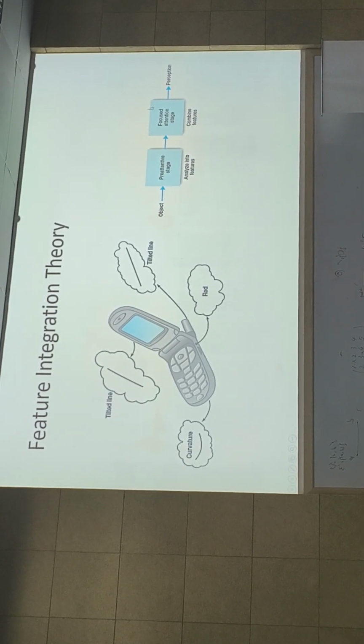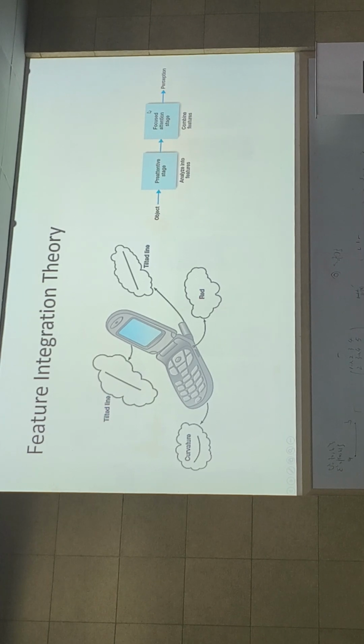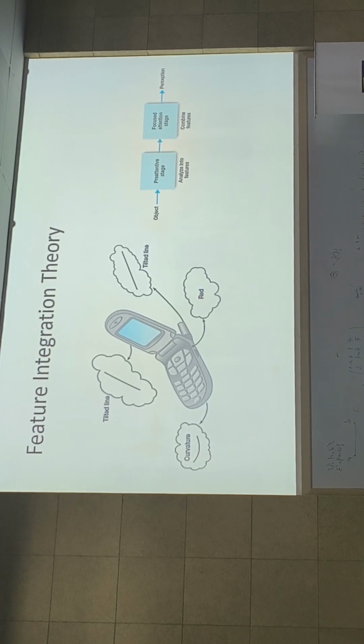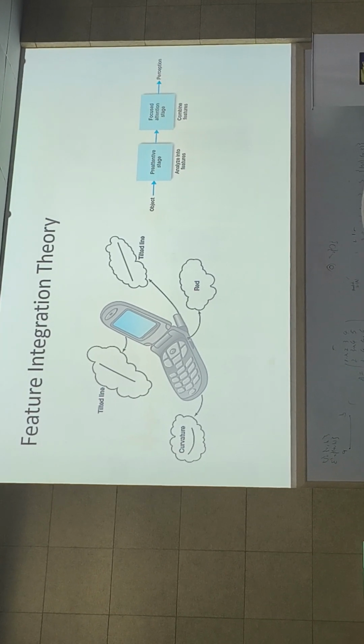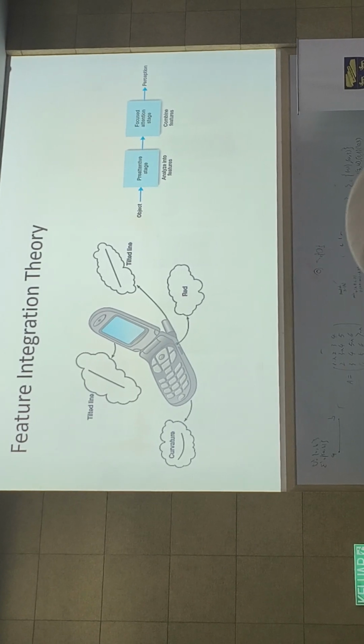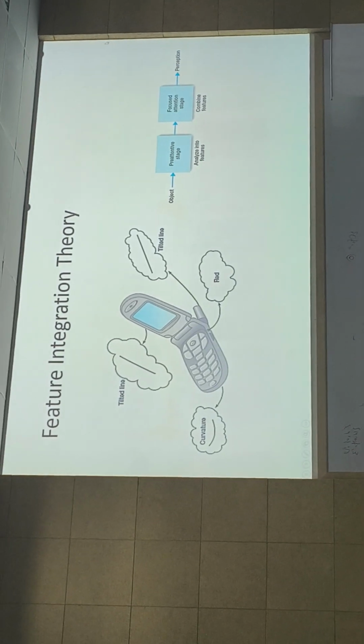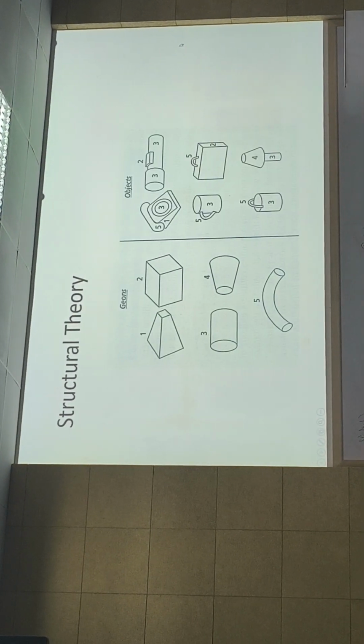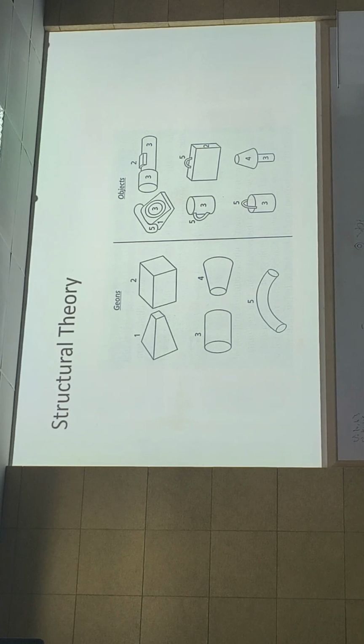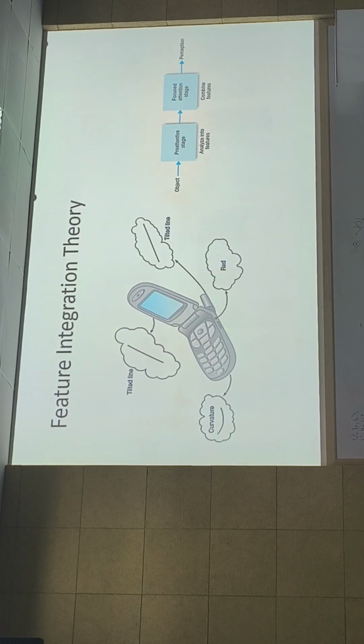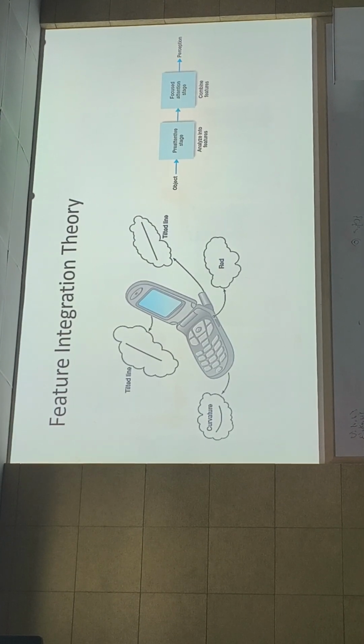Okay, and this is where we have this thing called the attenuator. Right? If you've heard of music, you can turn your volume up and down. It's actually that concept, right? And then eventually it allows us to recognize the object, okay? But again, this feature integration theory has its own limitation as well. Go and find out what the limitation is.